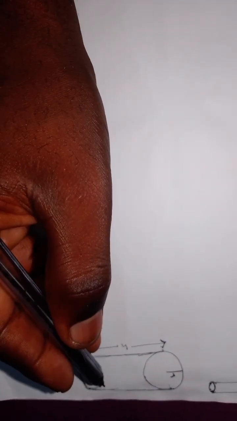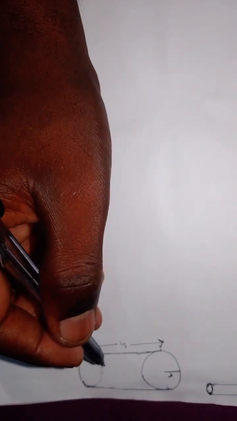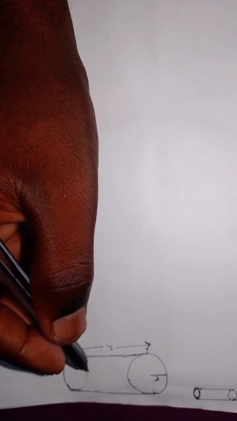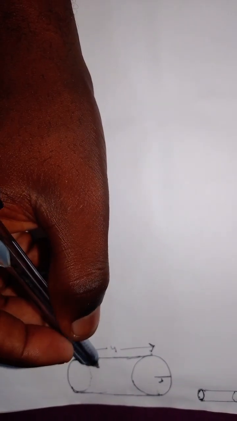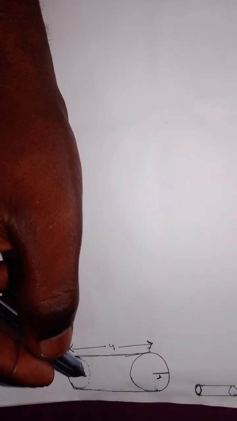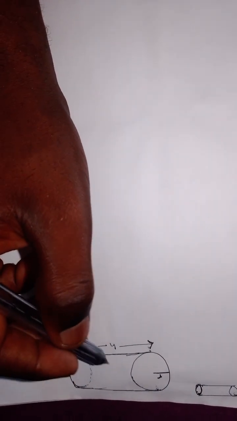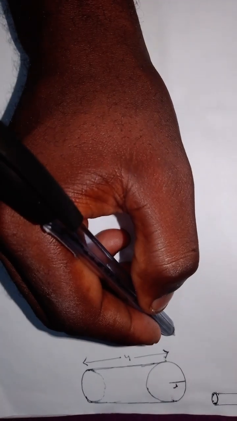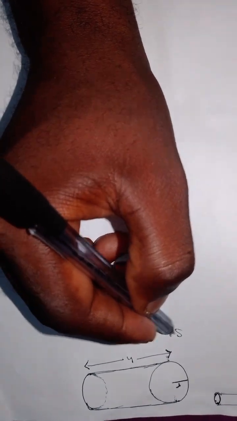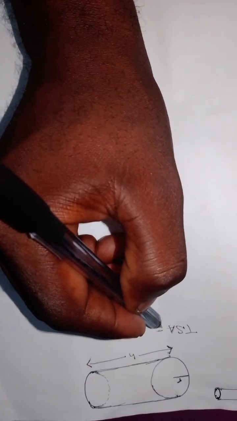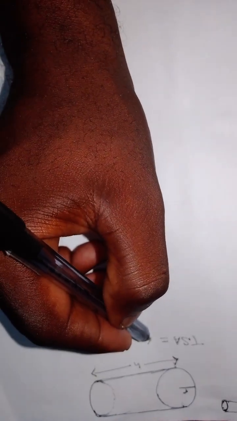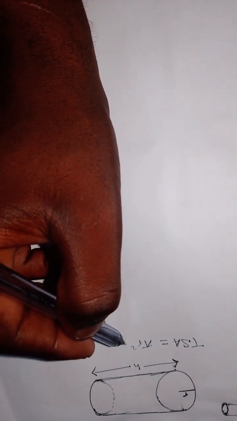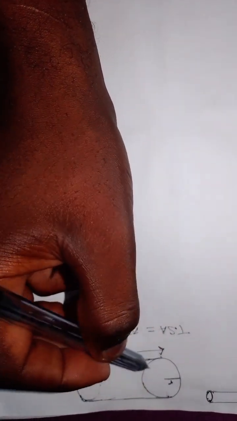And then what we are going to do is, this same tin has a surface area. The total surface area will be pi r squared, which means the circle.